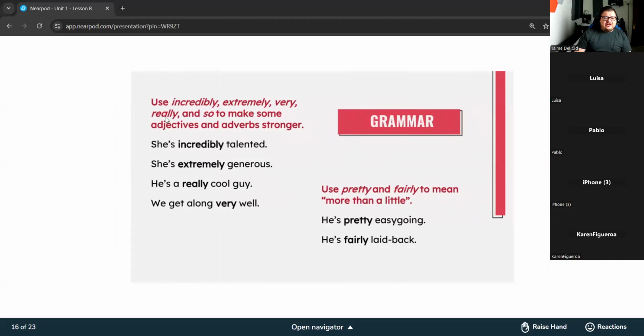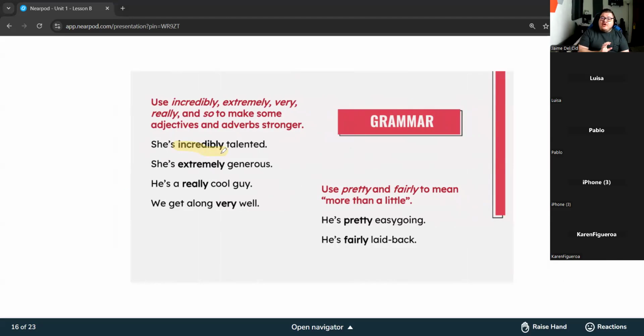So what we're studying here is that these adverbs make adjectives stronger. Ayer aprendimos que los adverbs nos ayudaban a decir cómo se hacían las cosas, ¿verdad? Esperar pacientemente. So, the way that you do things. Pero los adverbios no se quedan solo ahí.